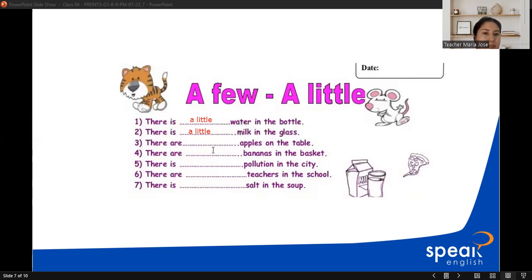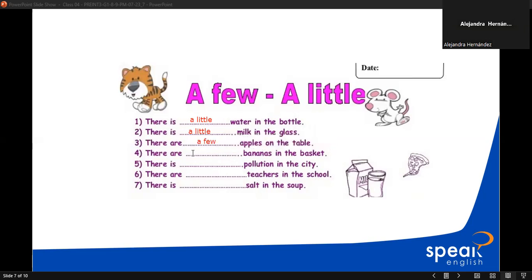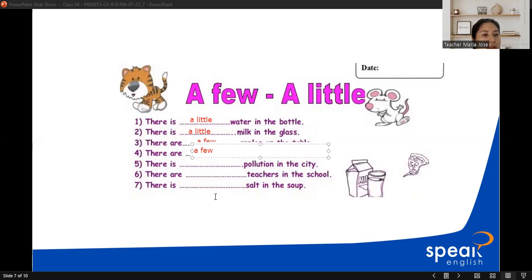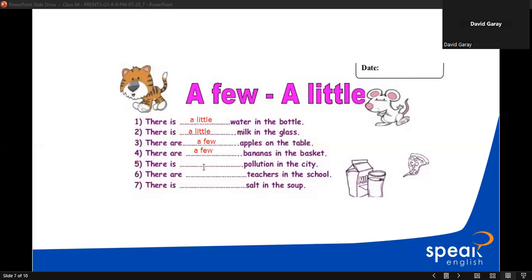Next one, Letty. There are few. Perfect. Next one, Alejandra. There are a few bananas in the basket. Awesome. Next one, David. There is a little pollution in the city.